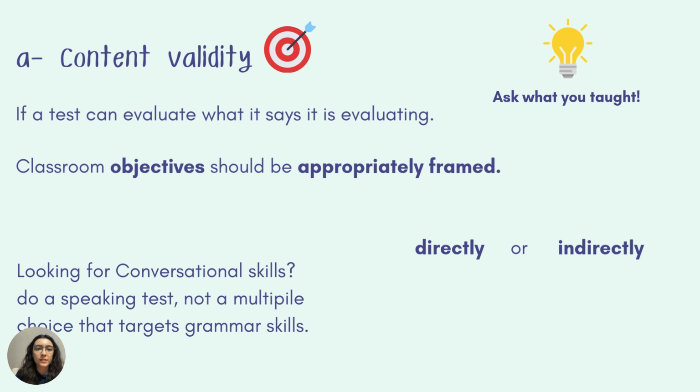If a test can evaluate what it says it's evaluating, for example, you have some learning objectives and you are going to prepare a test. Your test should be focusing on the learning objectives that you have covered and nothing else. As I said, you should just ask what you taught. You can do this directly or indirectly, it's up to you.